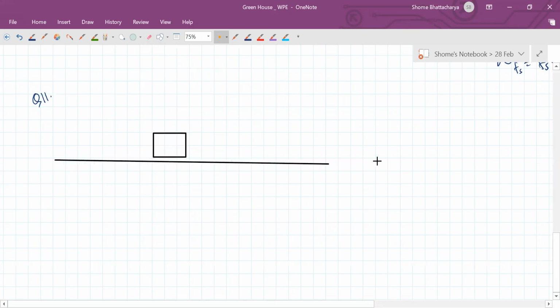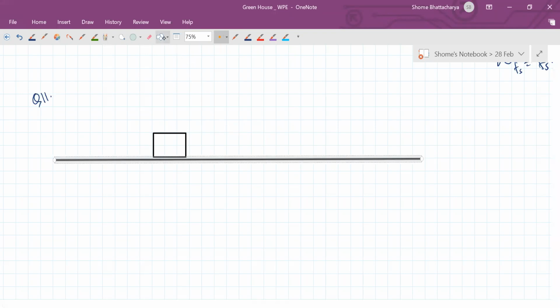So imagine we have a block like this on a rough horizontal surface, and we are applying the force like this, at an angle theta.